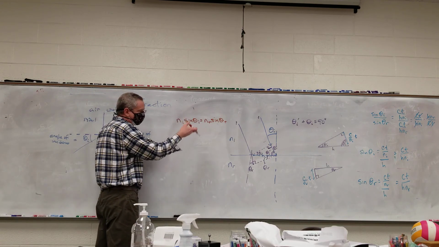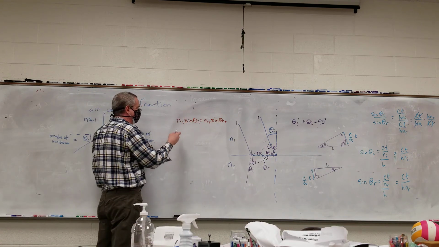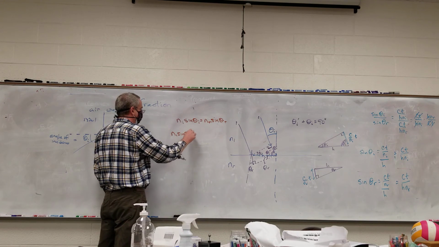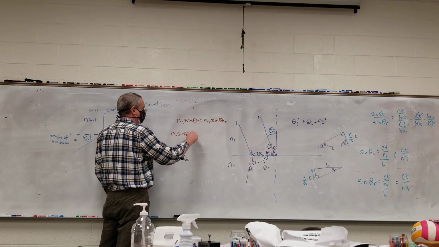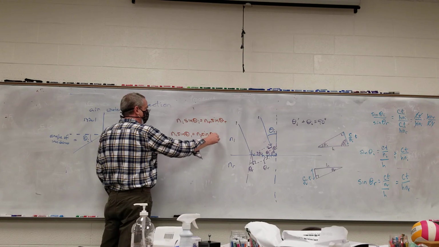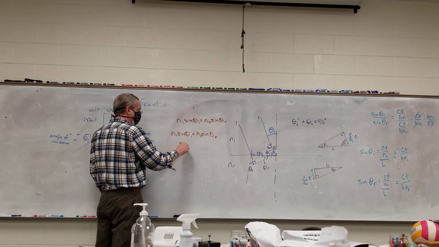Or you could do 1 and 2, so n1 sine theta 1 for the first medium is equal to n2 sine theta 2 for the second medium, and this is known as Snell's law.